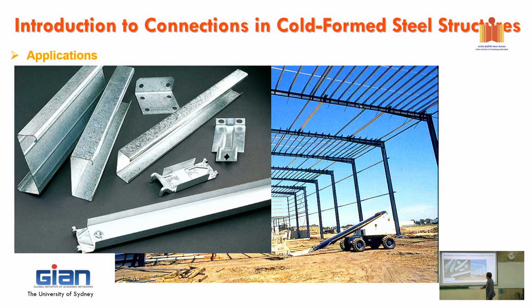That is what in Australia we call super C and super Z. And the other is bridging, the row bridging to provide lateral restraint. We learned about that, right? We put one in here. We're using steel bar or something, but in Australia we're using a smaller channel, and then we lock it into the web. That's how it works.